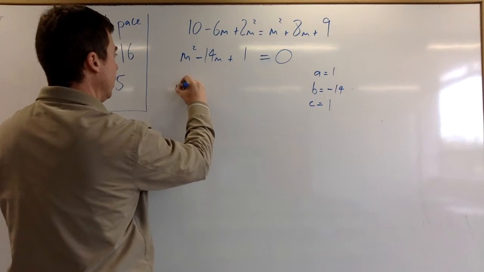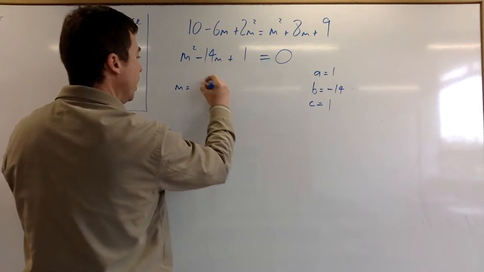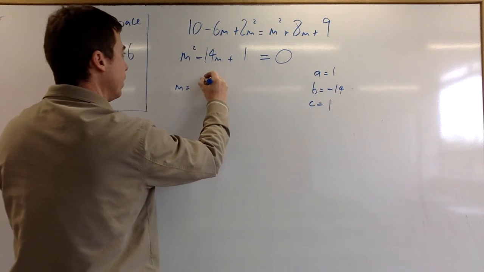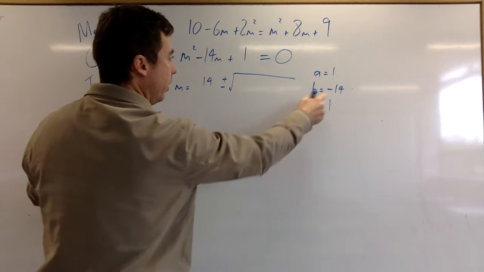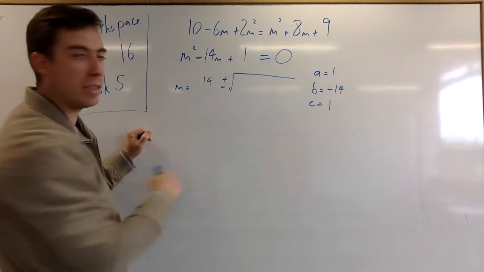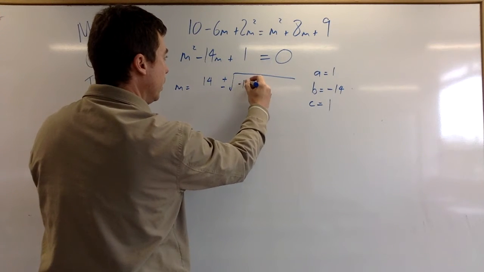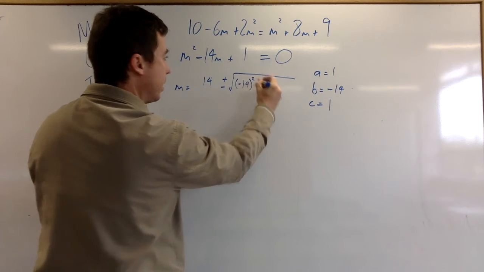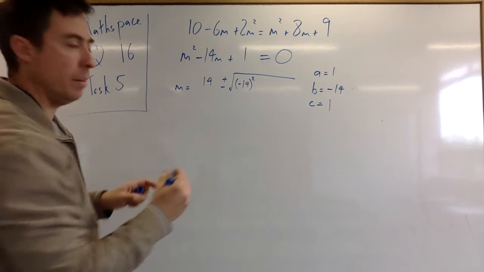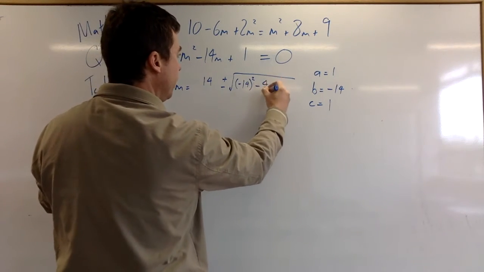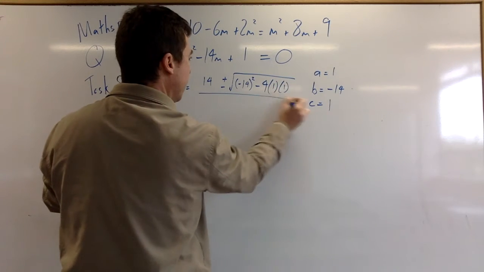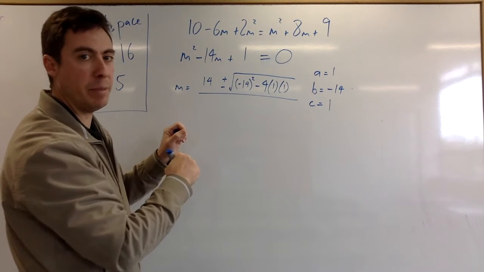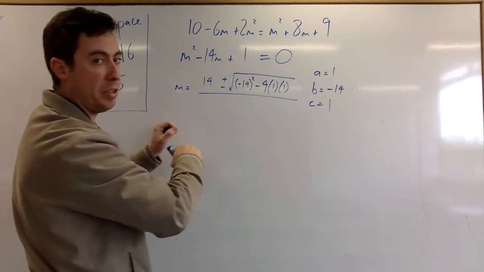Okay. So let's write that instead. m equals minus 14, so positive 14, plus or minus the square root of minus 14 squared, which is 196, minus 4. Now this bit I always write out in full. I find this is where some mistakes can be made. And then I need to divide by 2a.